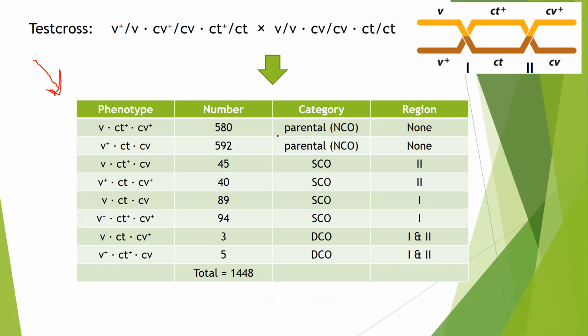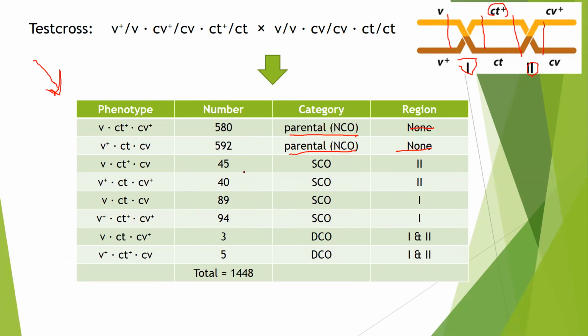All right, so the first 2 numbers represent the parental type, right? The non-crossover. So we can say non-crossover here. All right, so if we know CT is in the middle, we define this region as 1, this region as 1, and this region as 2. Because for the parental type, there's no crossing over at all, so we put none here.